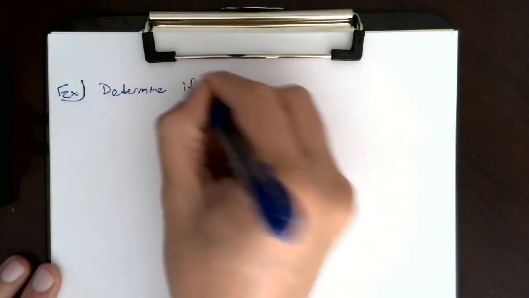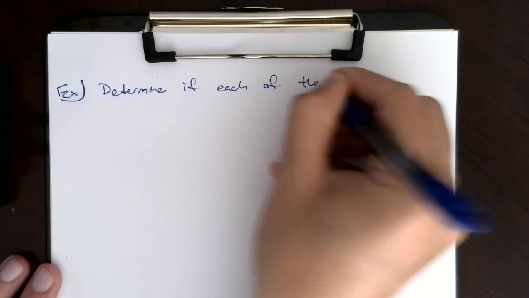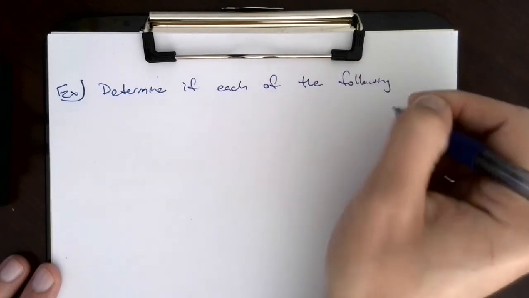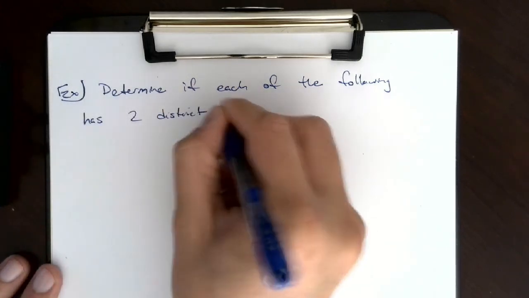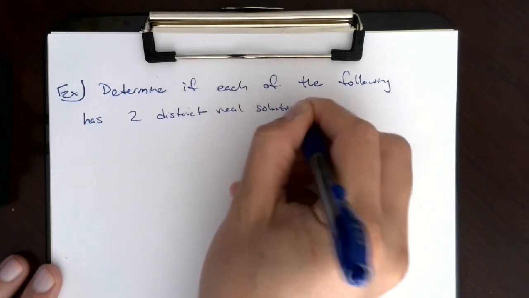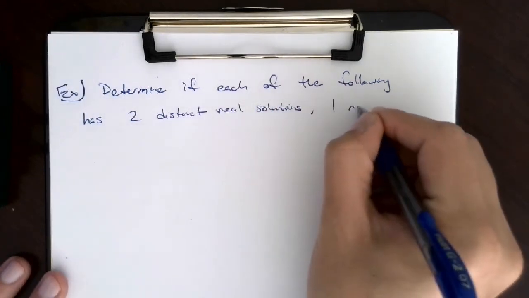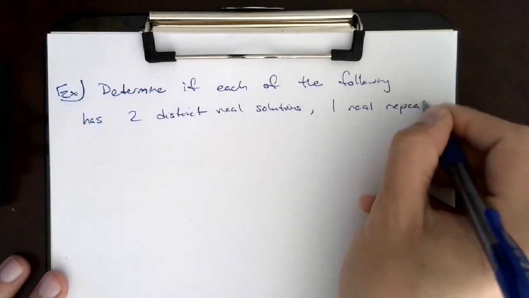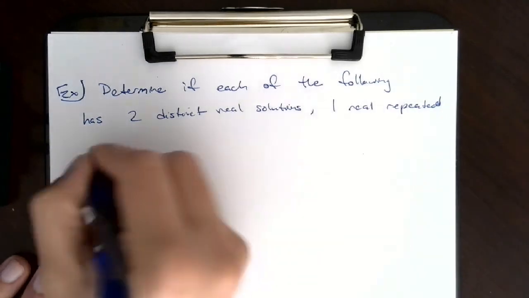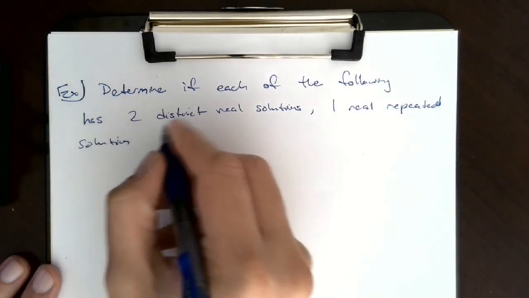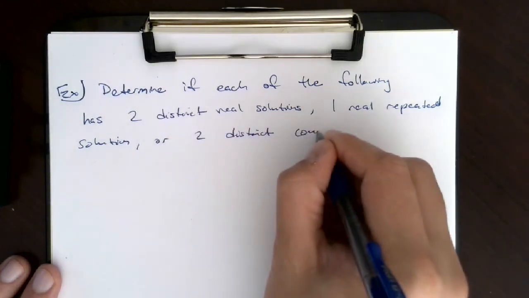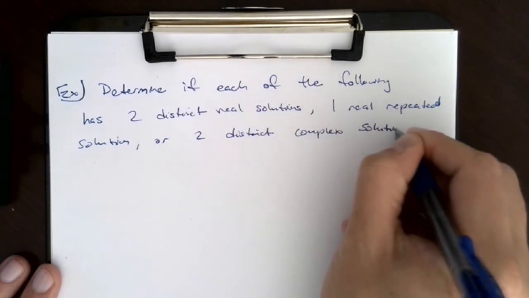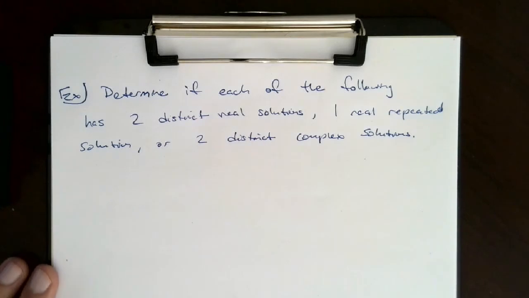If I said to determine if each of the following has two distinct real solutions, one real repeated solution, or two distinct complex solutions. All right, so we're just going to determine the types of solutions, not actually find the solutions.